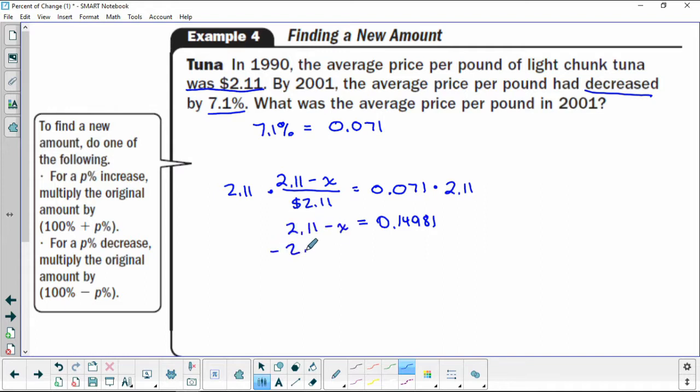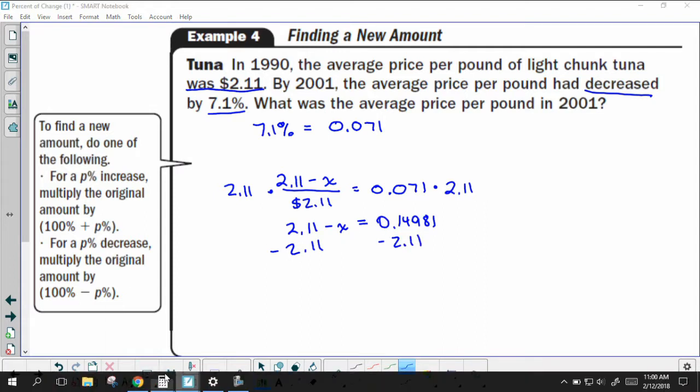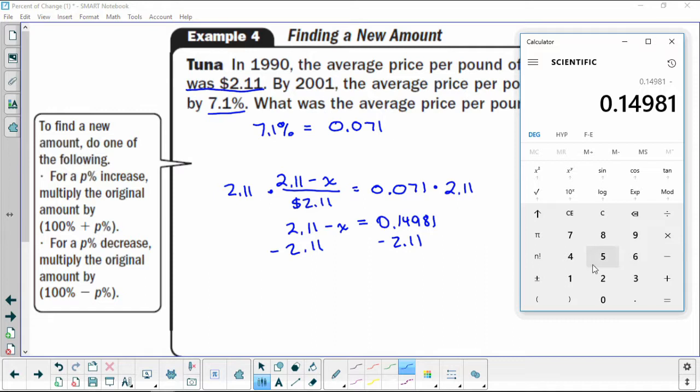If I subtract $2.11, helps that I still have that calculator open. I'm going to subtract $2.11, and I get negative $1.96.